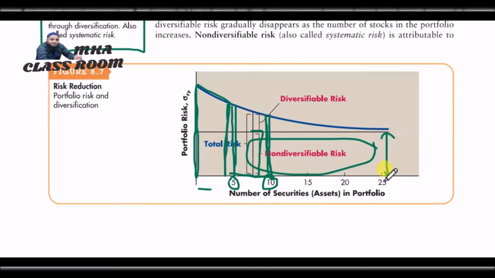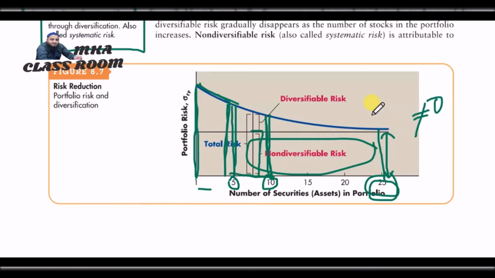In this way, when you make a portfolio of 25 stocks or securities, your total risk is here. In this portion is the systematic, non-diversifiable risk, and the diversifiable risk can be reduced to near about zero, not 0, but near about 0.